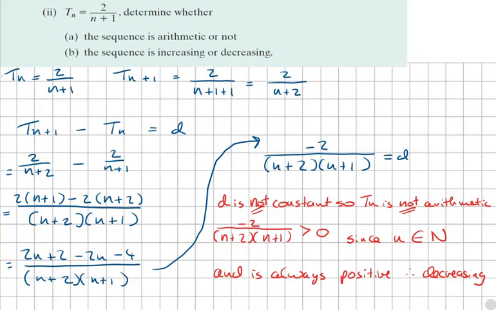And no matter what you sub in place of n, you're going to end up getting an answer that's less than 0. So let's say you sub in 1. So you've got 1 plus 2, which is 3. And then you have 1 plus 1, which is 2. So your denominator, you're going to have 3 times 2, which is 6. And minus 2 divided by positive 6 is going to give you a negative answer.